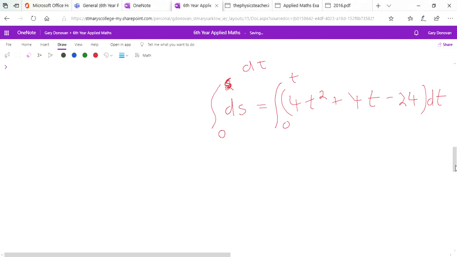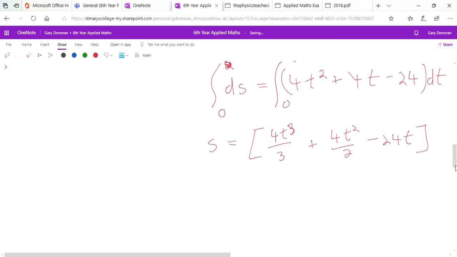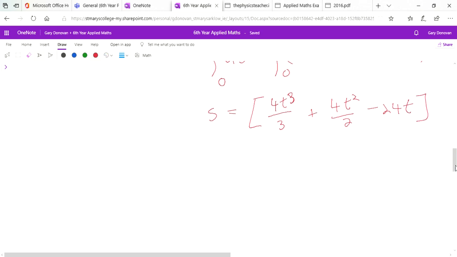And then we can use that equation for 2 seconds and for 3 seconds, etc. So this will give us s equals 4t cubed over 3 plus 4t squared over 2 minus 24t. So now we have our equation for distance covered.